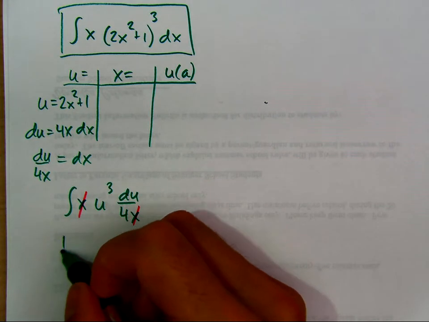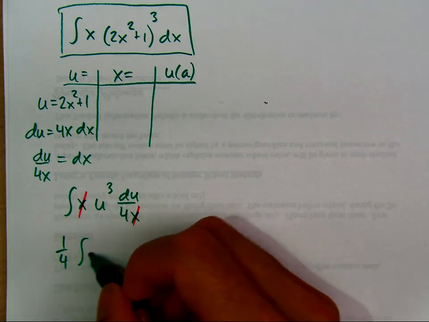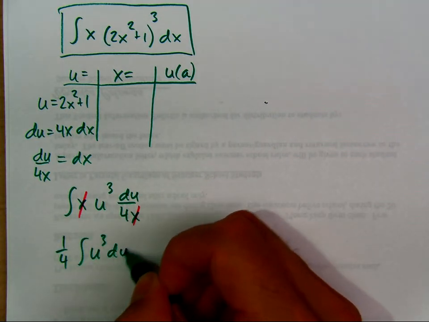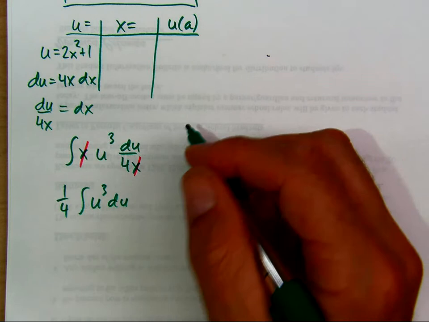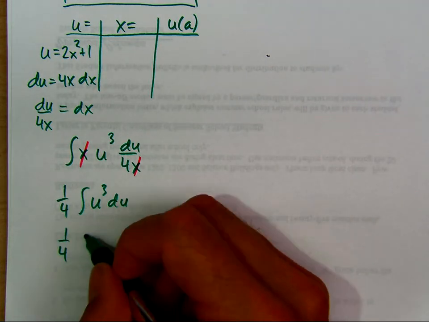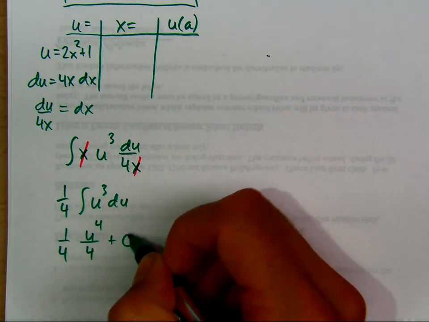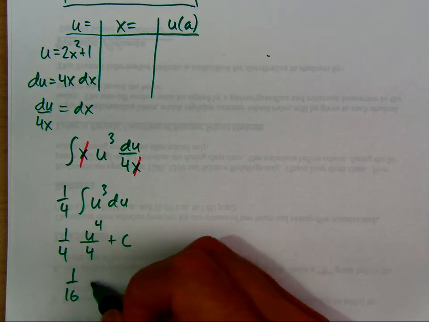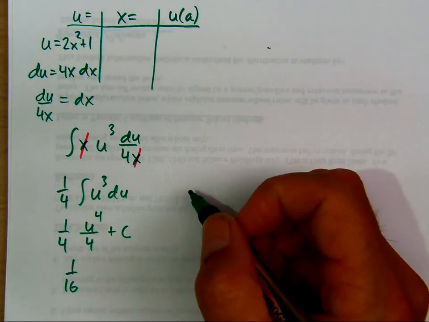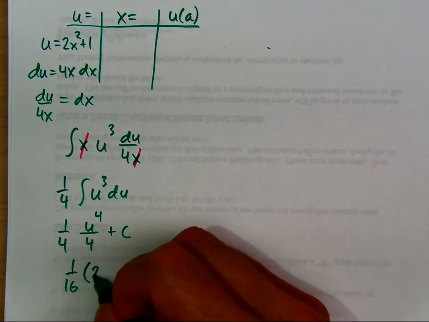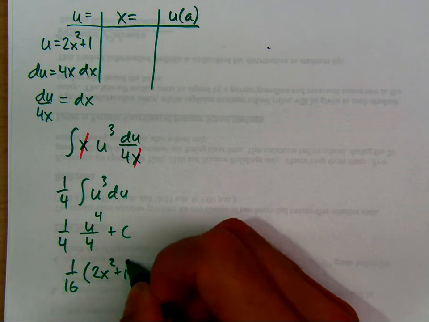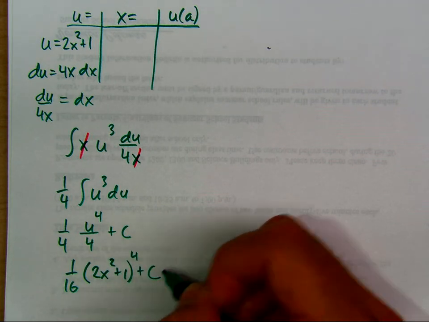So we have 1/4 integral of u cubed, and that will be u to the 4th over 4 plus c, so 1/16 u to the 4th, but we know that u is 2x squared plus 1, and we're done.